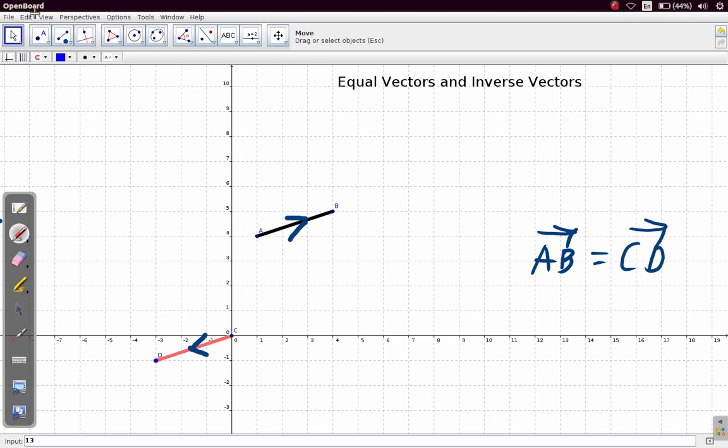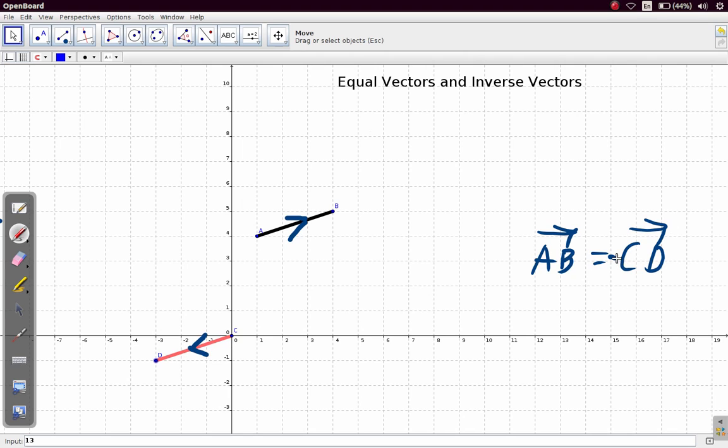Then in that case, what I have are inverse vectors. Alright? So I would have to put a negative sign in front of this now, because vector AB going this way is the inverse of vector CD.